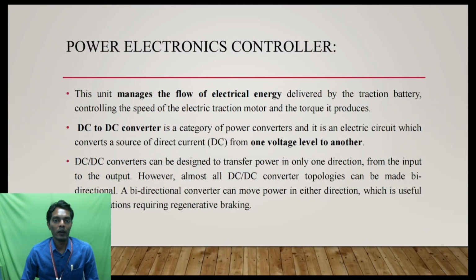So what is the work of a controller? This unit manages the flow of electrical energy delivered by the traction battery, controlling the speed of the electric traction motor and the torque it produces. So this is a very key factor here.